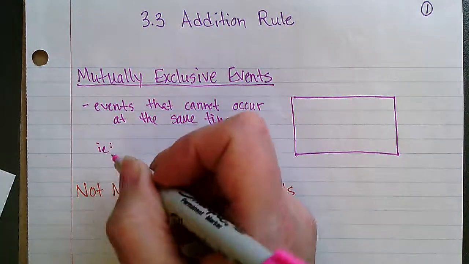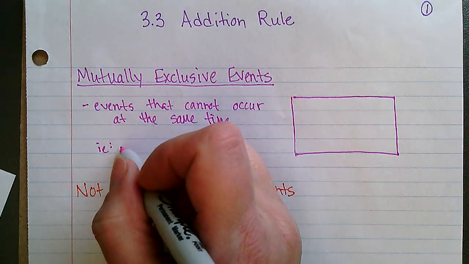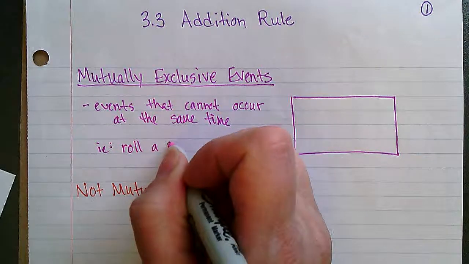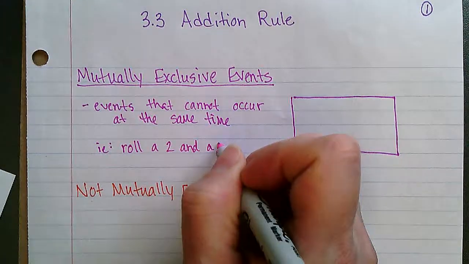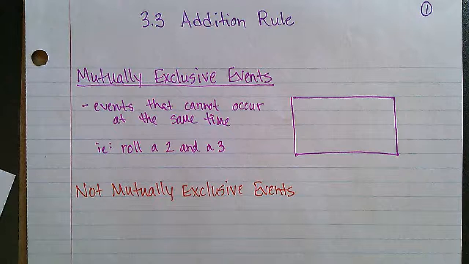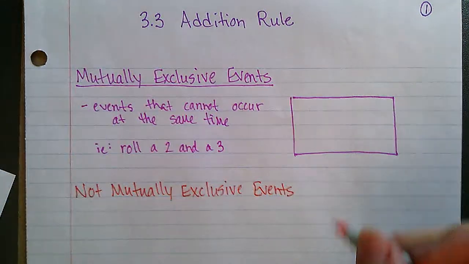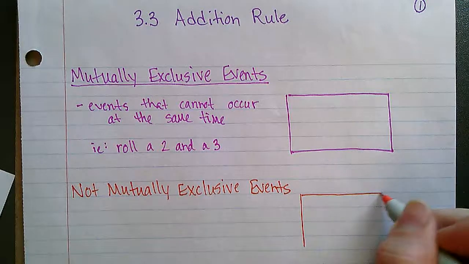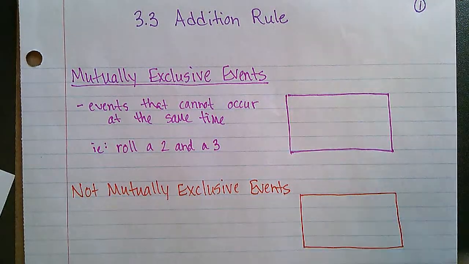So an example of that would be on a number cube, I cannot roll a 2 and a 3 at the same time. Not mutually exclusive events are events that can occur at the same time.